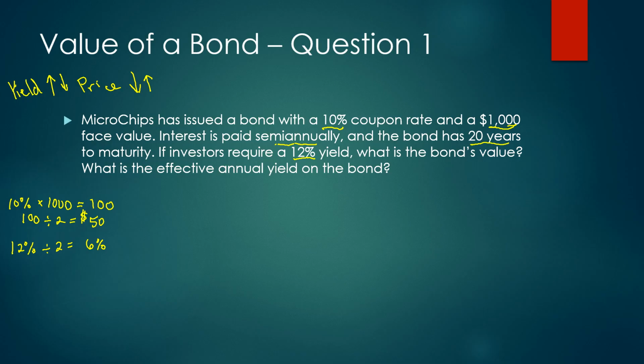However, again, we're getting paid every 6 months. So that's going to be 20 years times 2. So the number of periods is going to be 40. So now that we have that information, we can use it and put it into our formula.